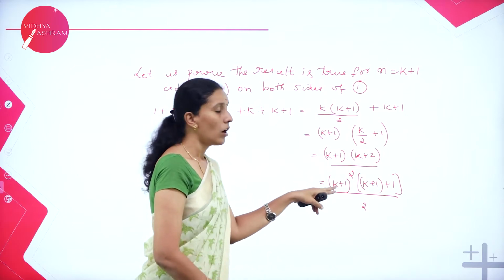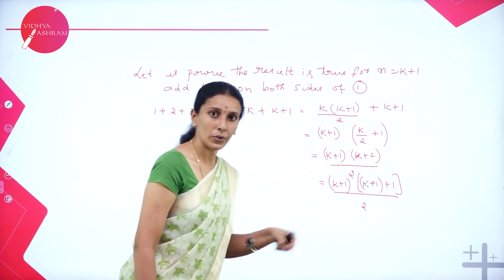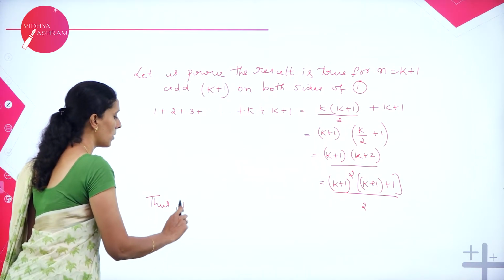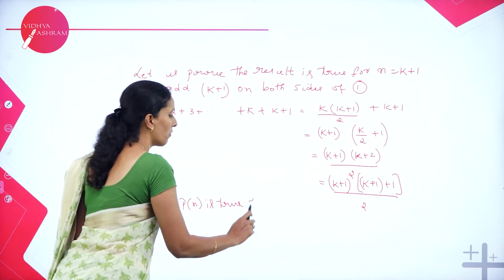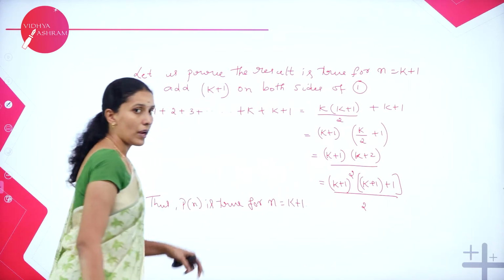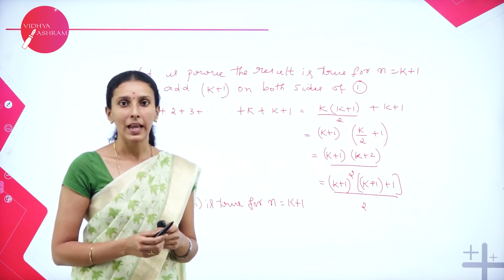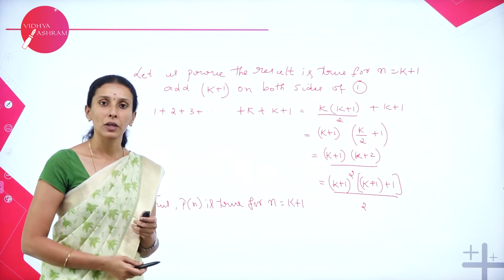So therefore what we can conclude, the result is also true for n is equal to k plus 1. Thus P of n is true for n is equal to k plus 1. So now it is true for n is equal to 1, it is true for n is equal to k plus 1 also, and we have assumed it is true for P of k also.